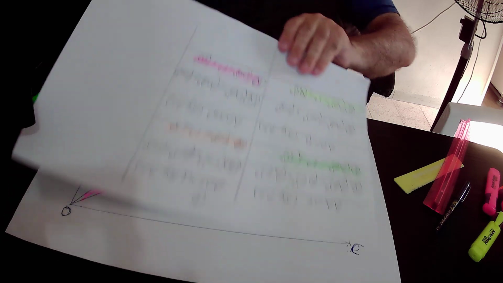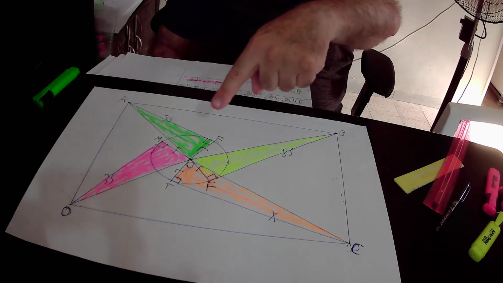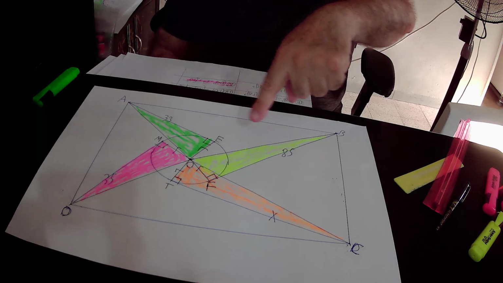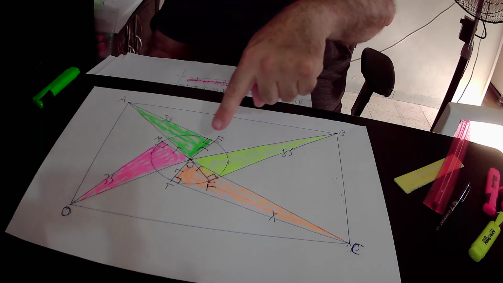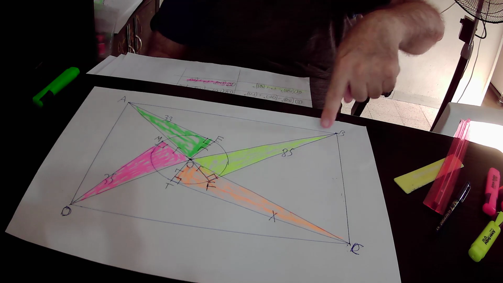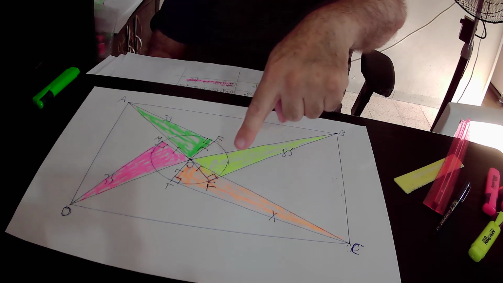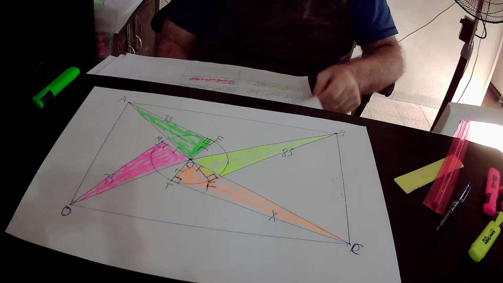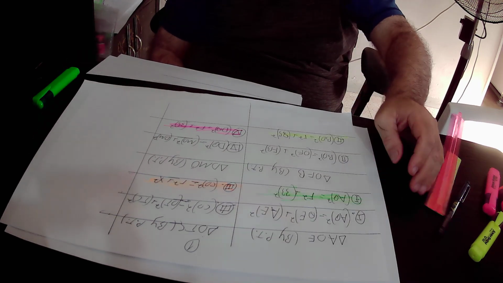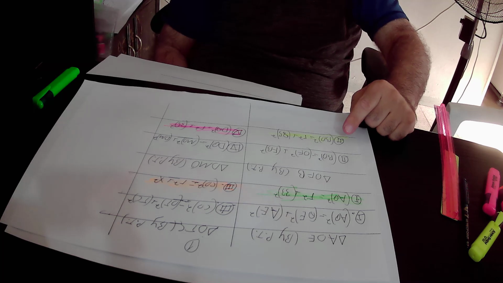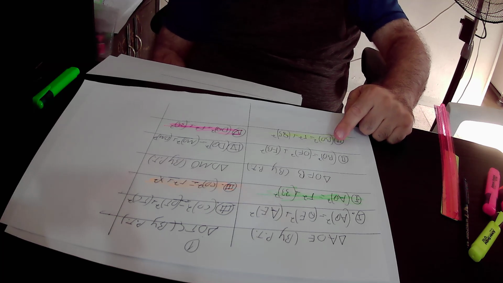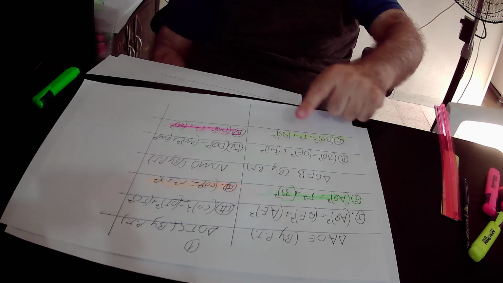Then we joined points O and B together by a straight line. We implemented the Pythagoras theorem on the right yellow triangle OFB. According to the Pythagoras theorem, OB square equals OF square plus BF square.